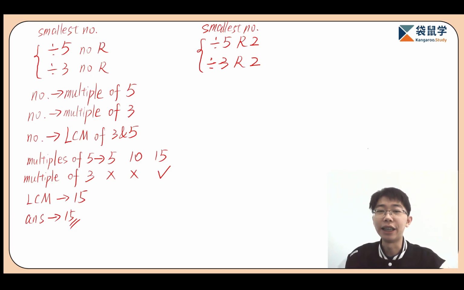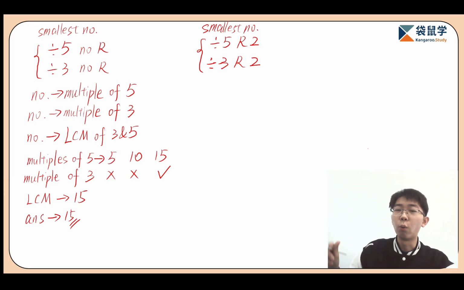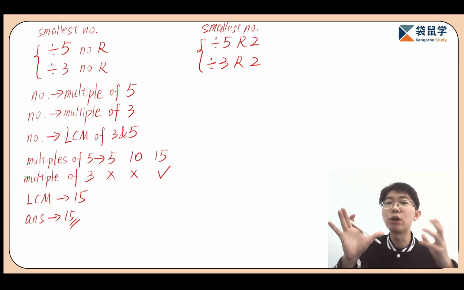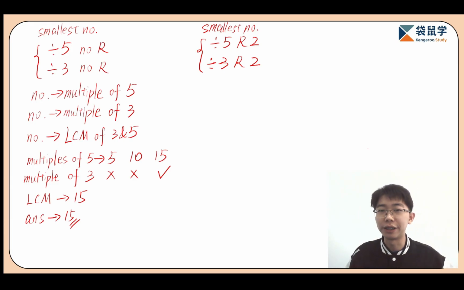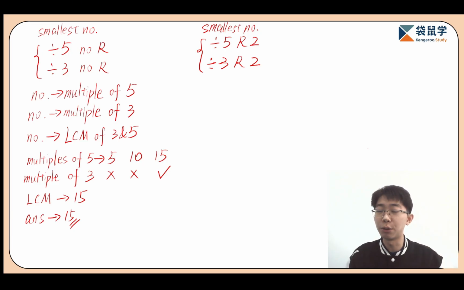Okay, let's see. Of course, we can use the method we used in the previous video. We pick a constraint first, then we list down the possibilities, and then we check with the other constraint. That is called the list down method. This is workable. But in this video, I'm going to tell you a smarter way, a small trick.